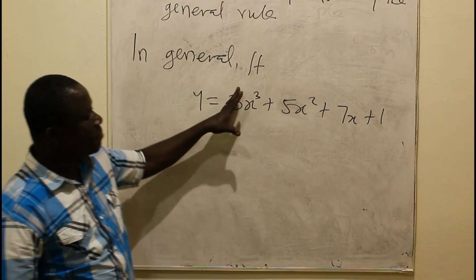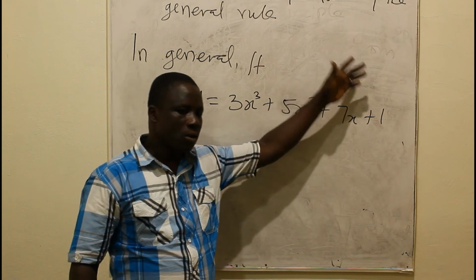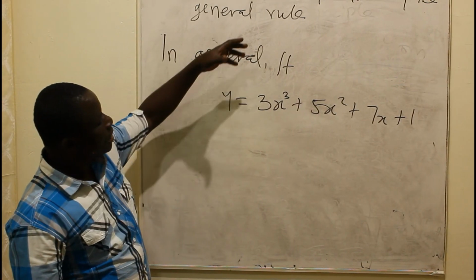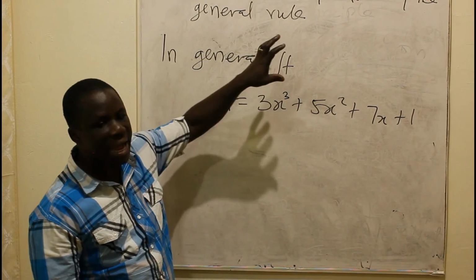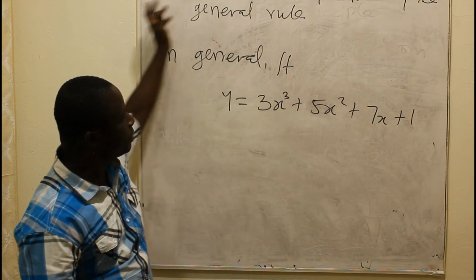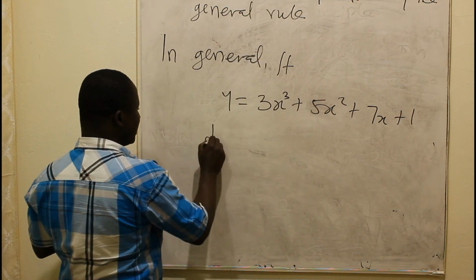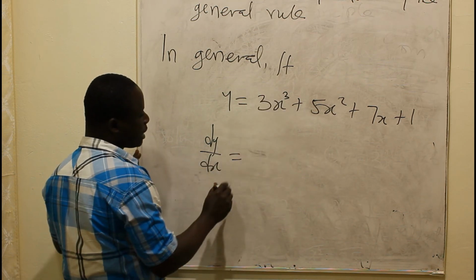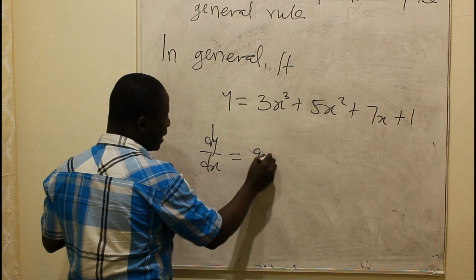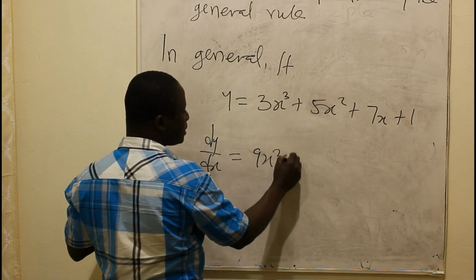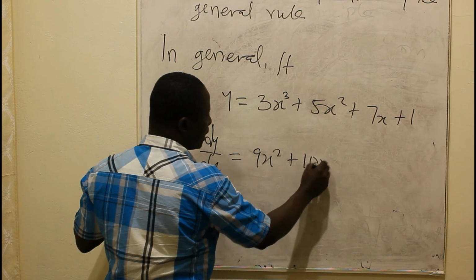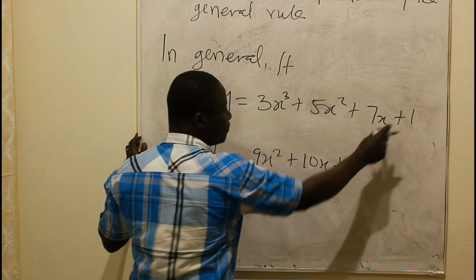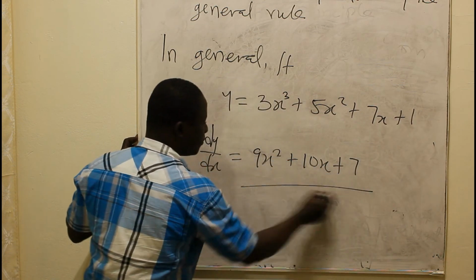There are several functions: cubic function, quadratic function, linear, and then a constant function put together. The rule says that you differentiate term by term, as we did individually. So dy/dx of this function is differentiating the first term alone, and it will be 9x squared. Then you differentiate the second term, and the result will be 10x. Differentiate the next term, and the result will be 7. Differentiate the constant term, and it is 0, and you are done.